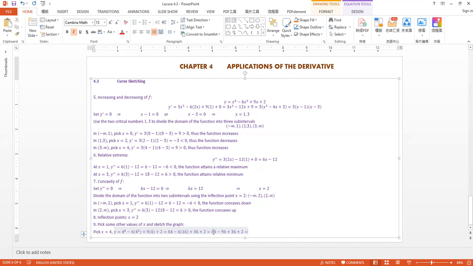So 64 minus 96 is negative 32, plus 36 is positive 4. 4 plus 2 is positive 6.